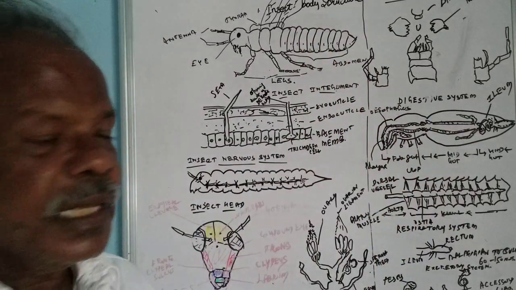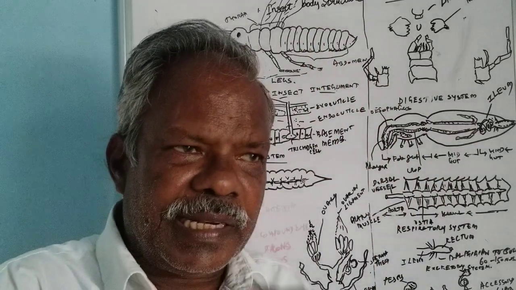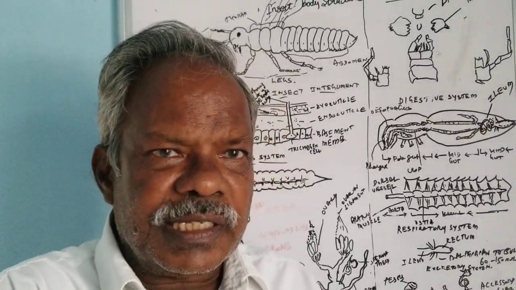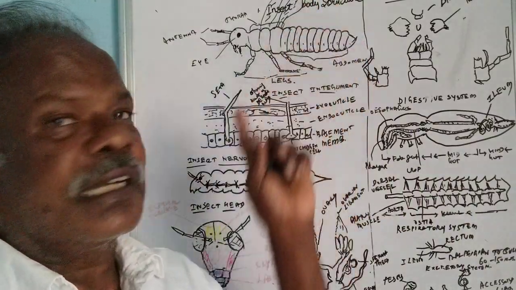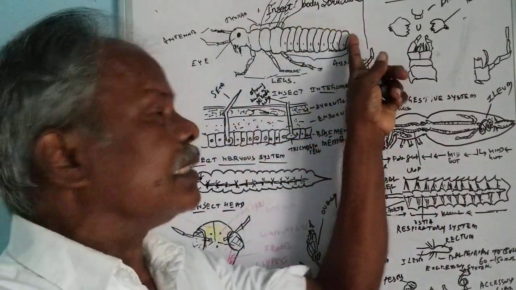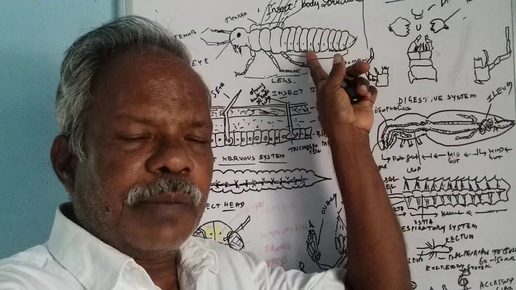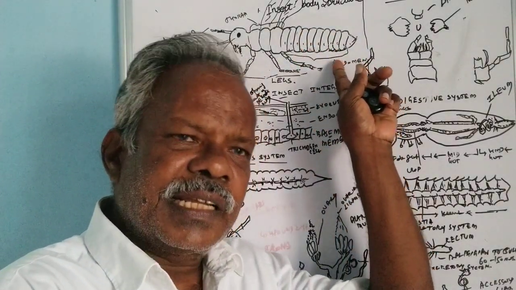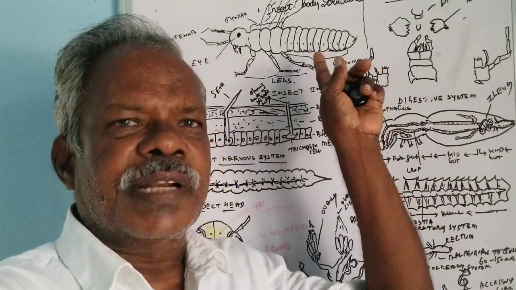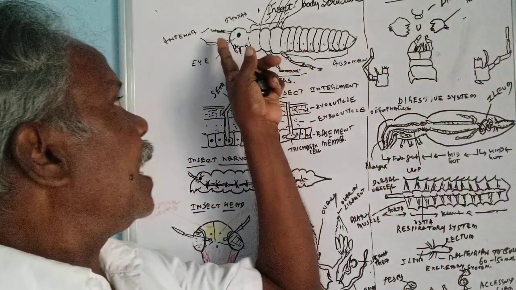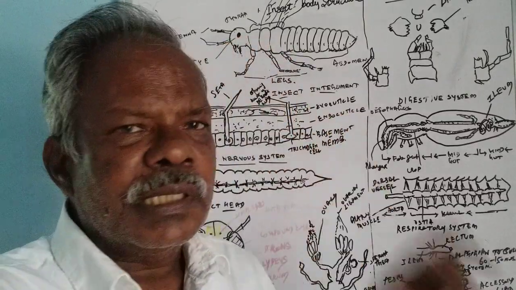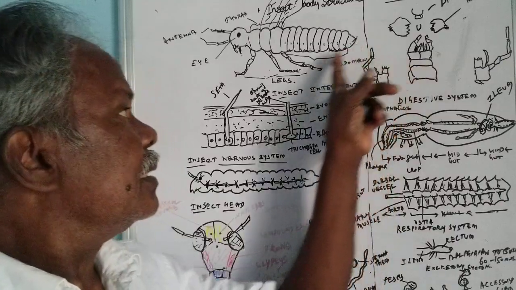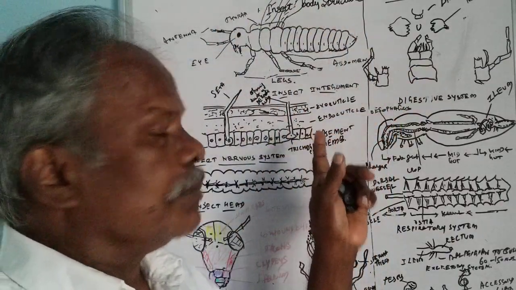When the animal is in its natural position or walking, the region facing the sky is called the dorsal side, and the side facing the land is known as the ventral side. The anterior side is the side the animal moves towards, and the opposite is the posterior side. This is with regard to the external structure.